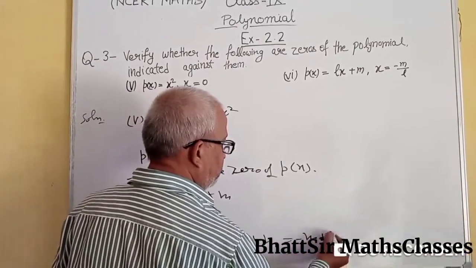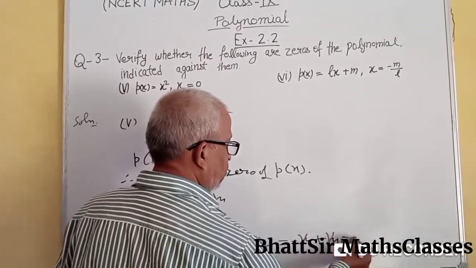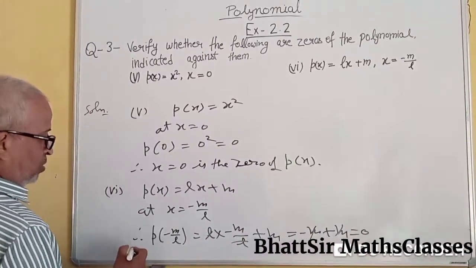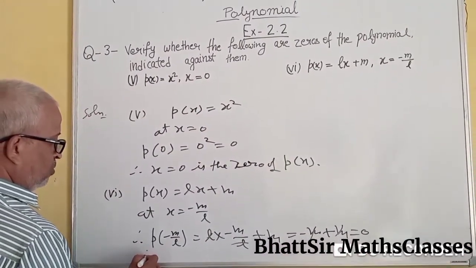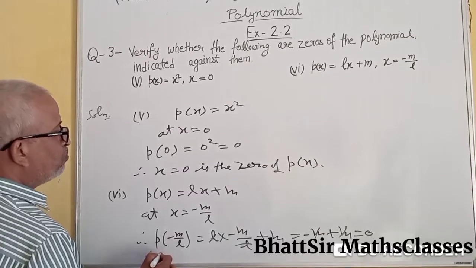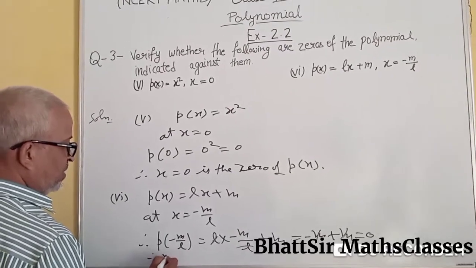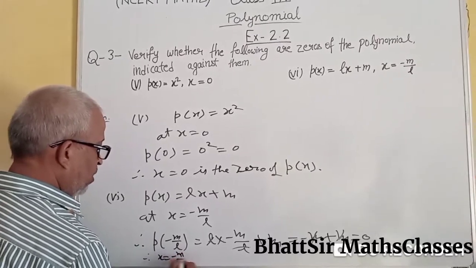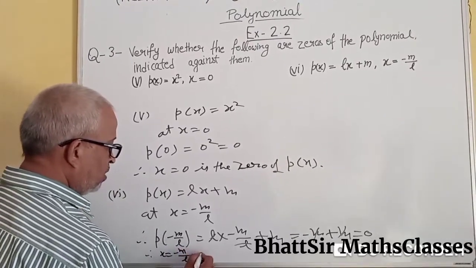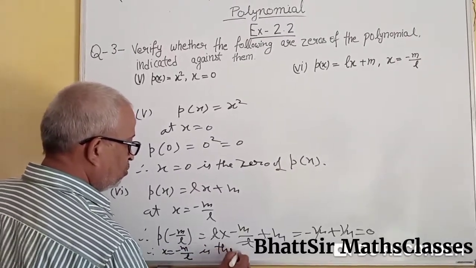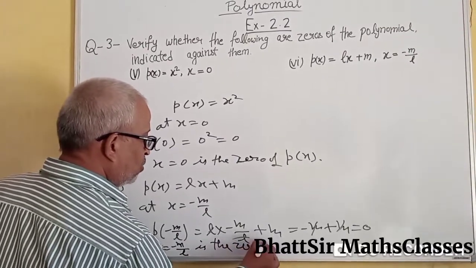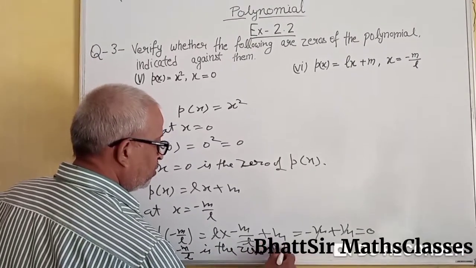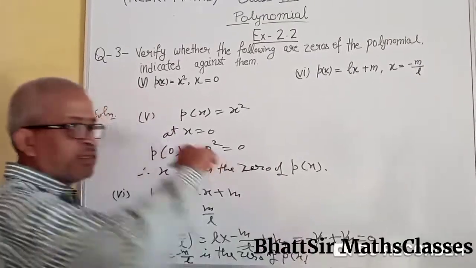Minus m plus m cancels out, equal to 0. Therefore, x equal to minus m upon l is the zero of P(x).